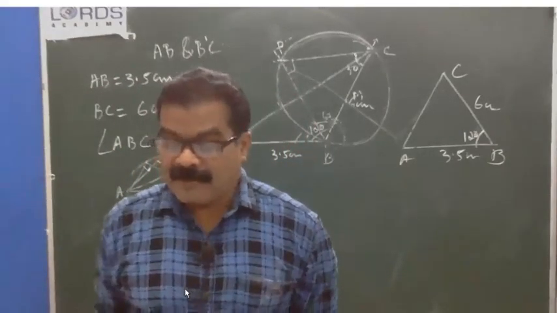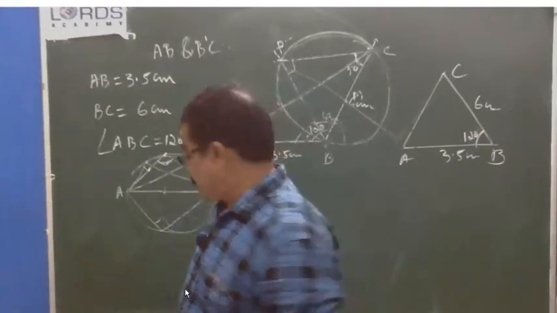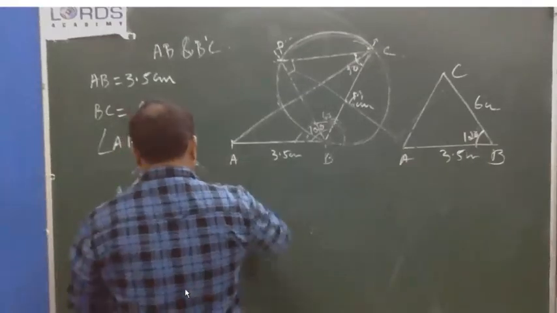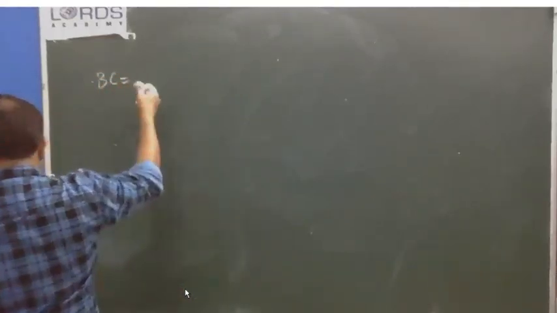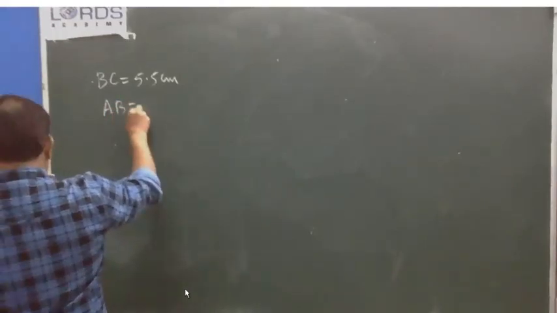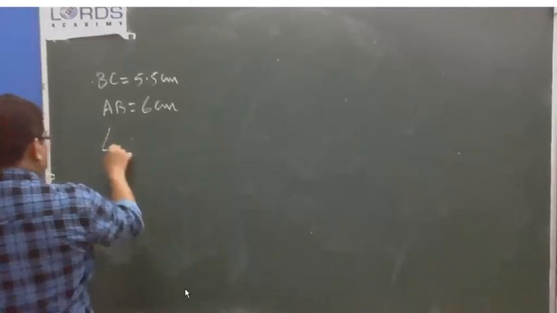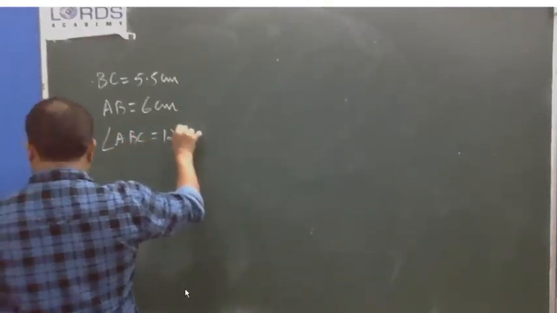Question number 19. Construct a triangle ABC in which base BC is equal to 5.5 centimeter, AB is equal to 6 centimeter and angle ABC is equal to 120 degree.